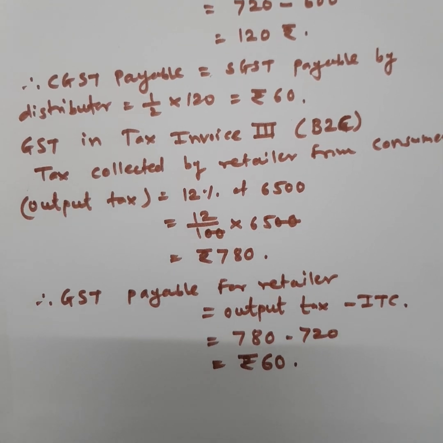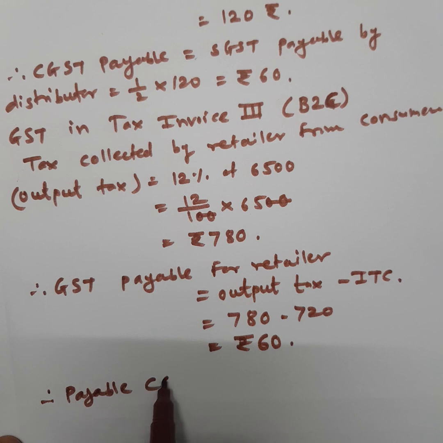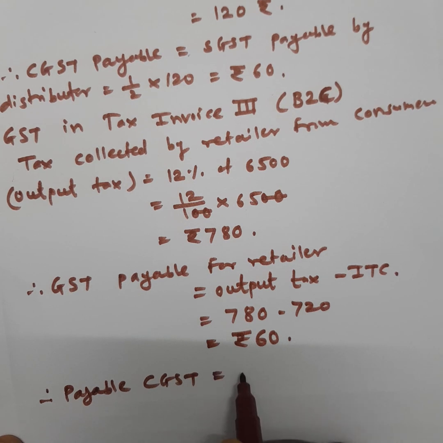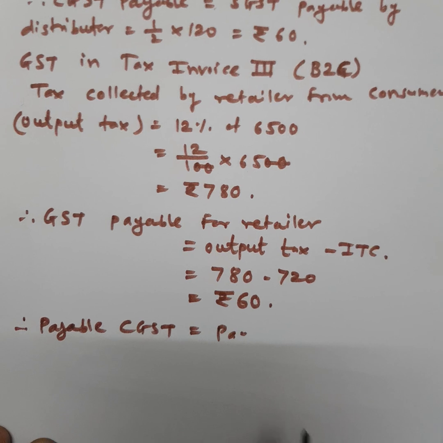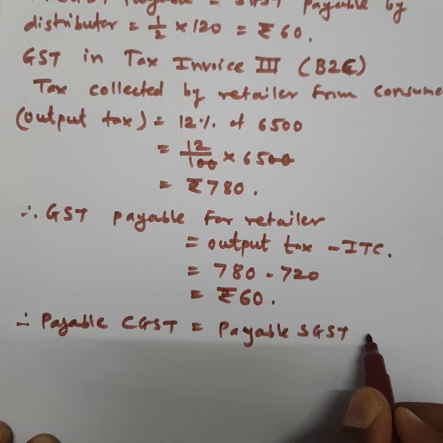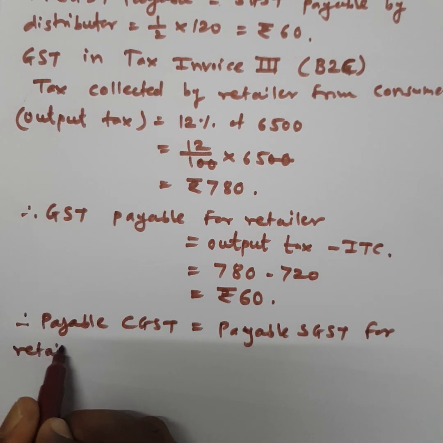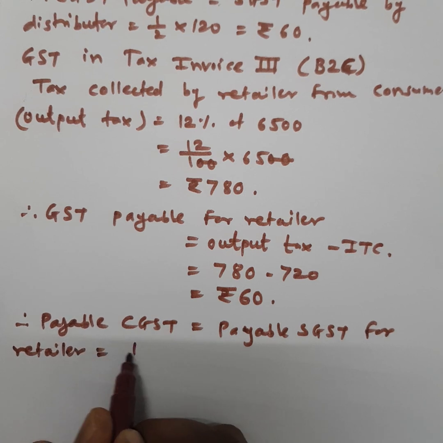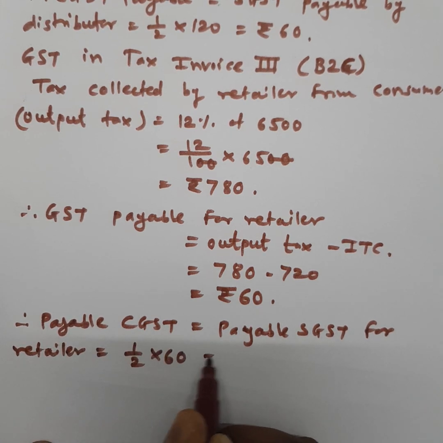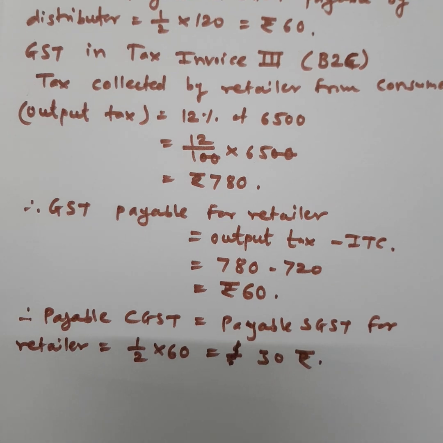It is GST payable. Therefore, we have to calculate payable CGST or payable SGST for retailer is equal to 1/2 into GST, that is 60 rupees, is equal to rupees 30.